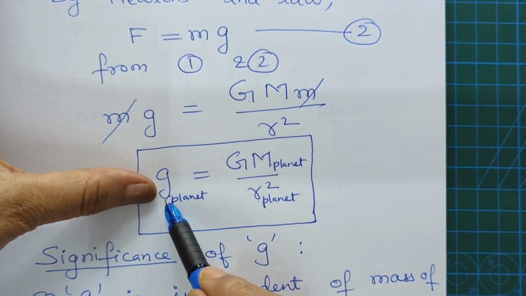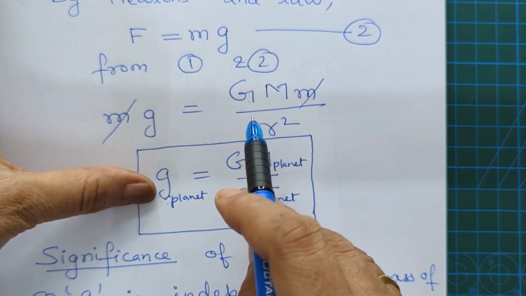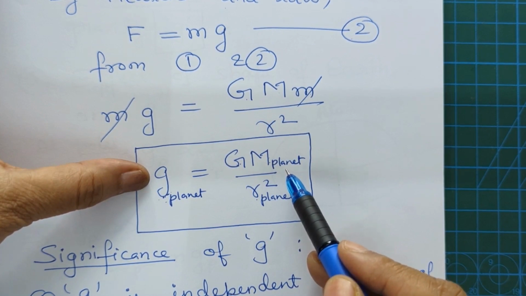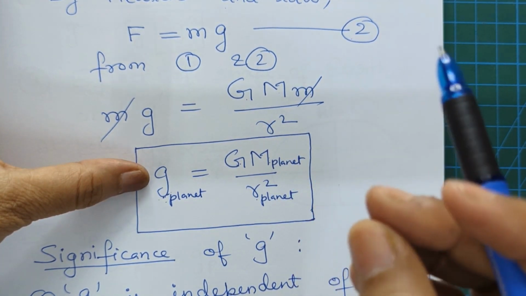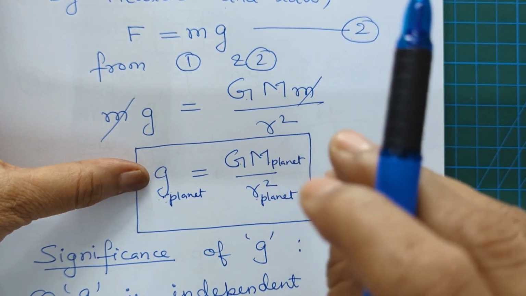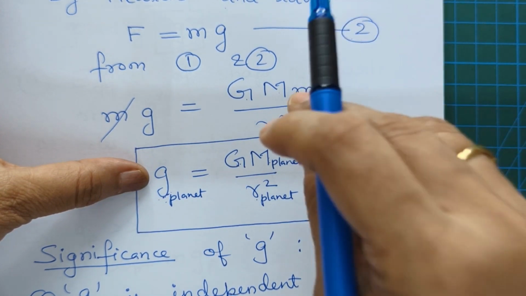That means this g does not depend upon the mass of the falling body. This formula is independent of the mass of the falling body. Whenever an object is dropped on that planet, the falling object's mass has nothing to do with the acceleration produced in it.